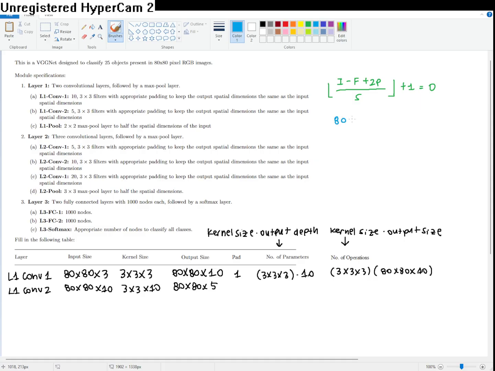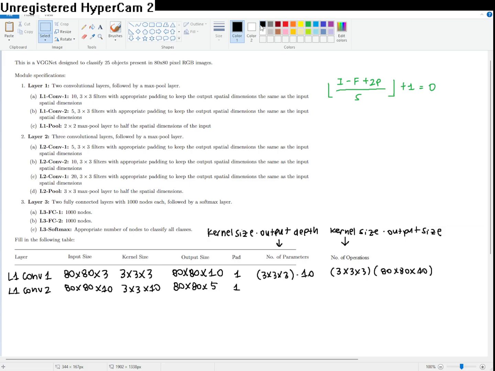So we have 80 minus the filter 3 plus 2 times the padding, over 1, plus 1 equals 80. Look at that. The padding is 1 again. It's the same exact equation, so let's just fill that in.